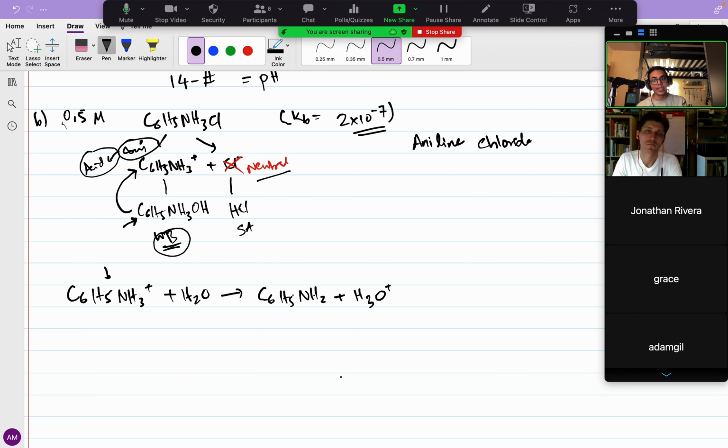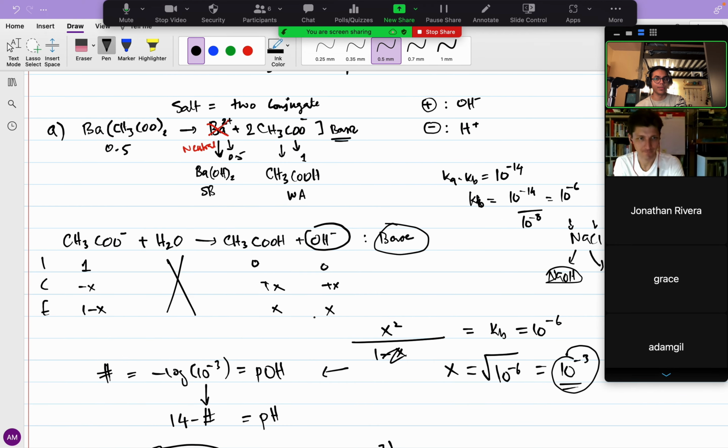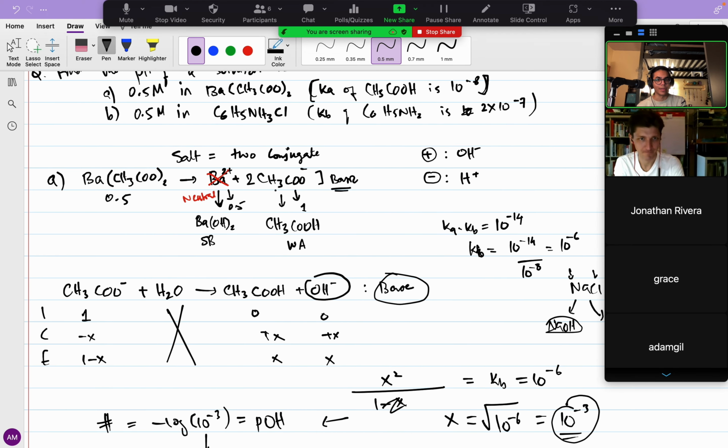All right, what is the concentration of C6H5NH3 plus, given that we're starting with 0.5 of this? Pavel? I would think that once the species break up into their conjugates and bases, you would have 0.5 molar of each. Exactly. The ratios are all 1-to-1, as opposed to up here where it broke up into two pieces for CH3COO minus, which is why we doubled it.